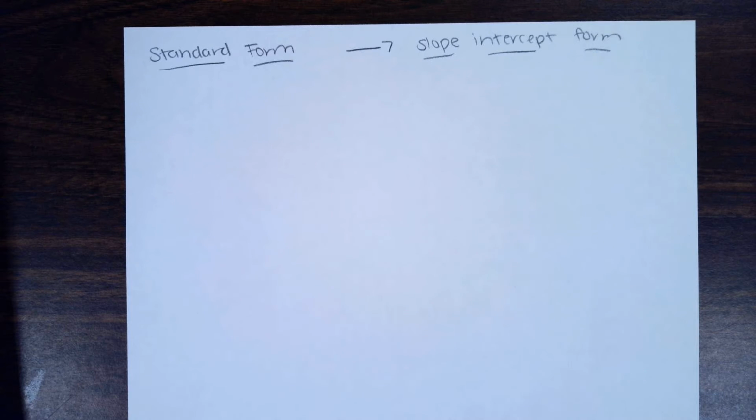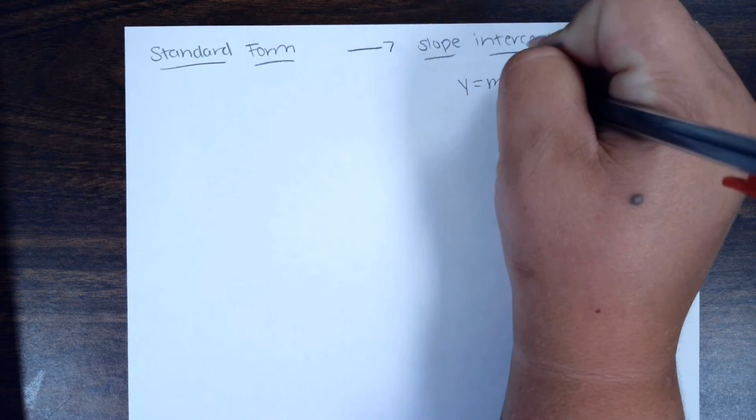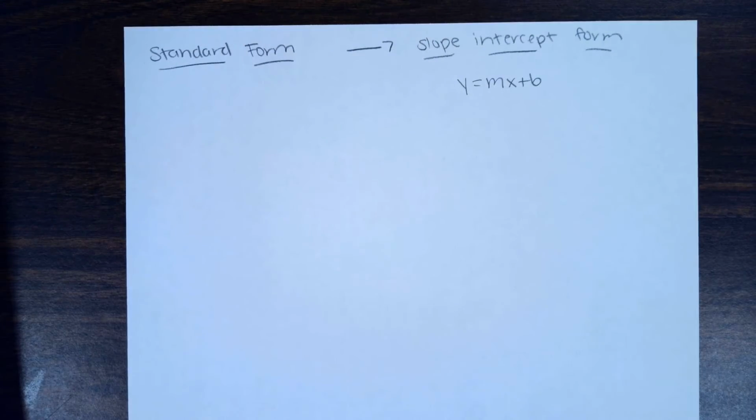So the last video you watched, we talked about slope intercept form, which remember is y equals mx plus b.